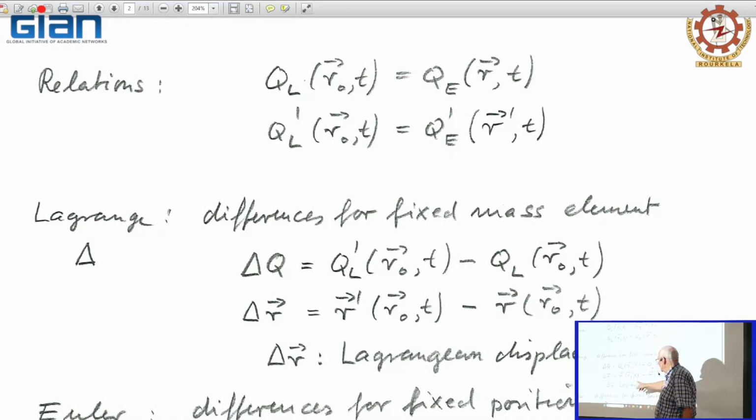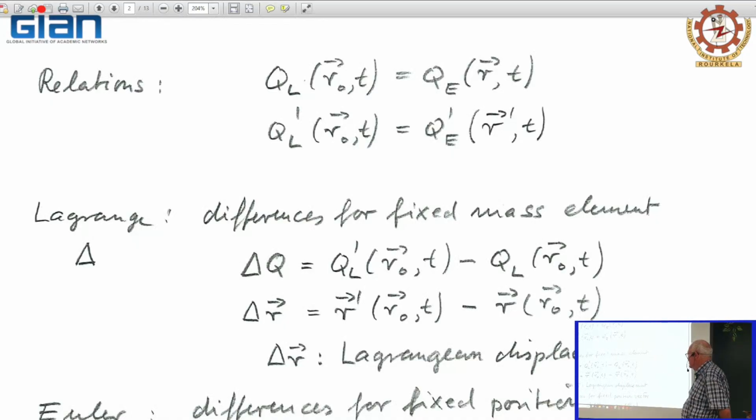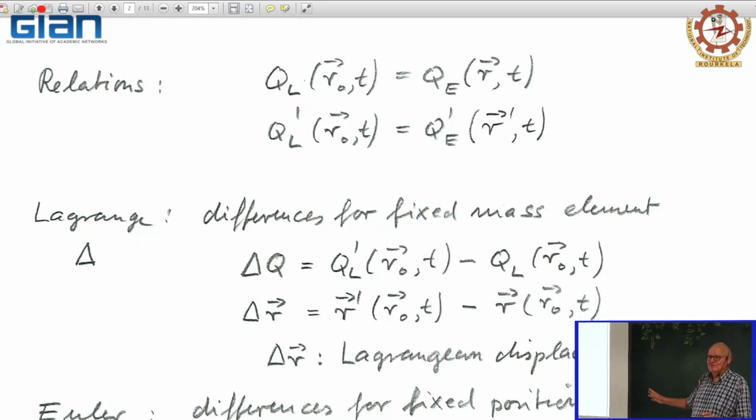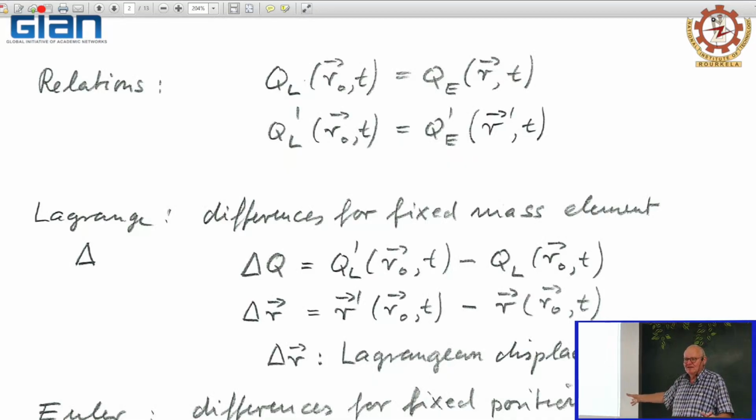So this is r dash depending on r0 minus the original position vector r as a function of r0 and t. This is called the Lagrangian displacement. Actually, we have used this Lagrangian displacement implicitly already in the consideration of the radial case, but I haven't said that this is the Lagrangian displacement. It was the perturbation of radius. Perturbation of radius is nothing but Lagrangian displacement.